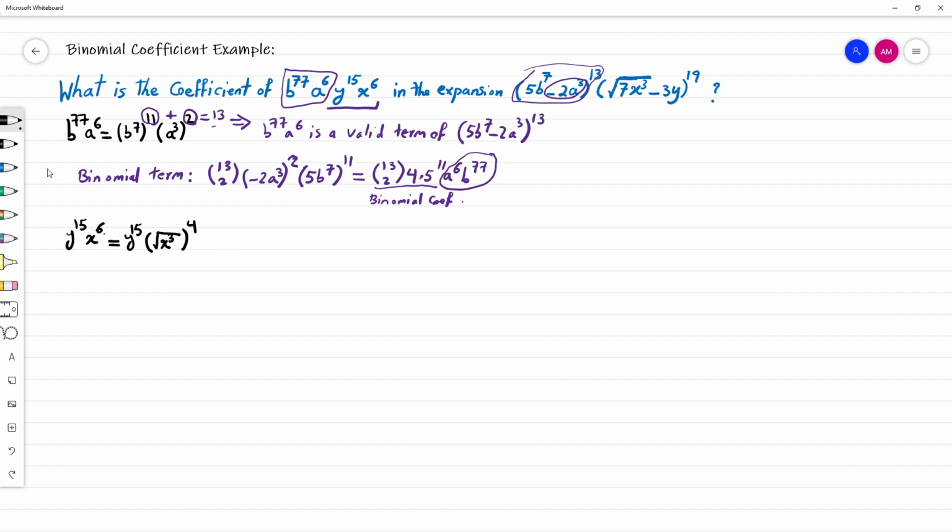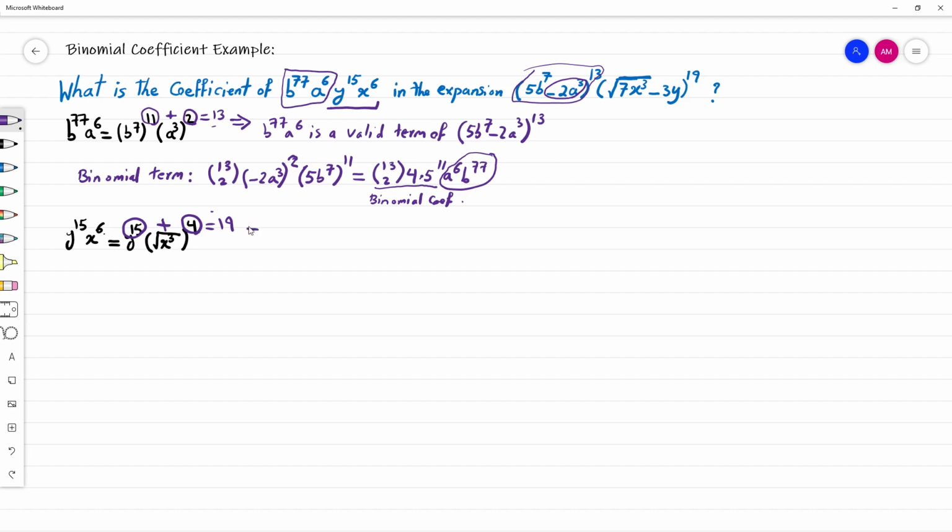And now what we can see is this: 15 plus 4 is equal to 19, which is exactly in line with the power of the second binomial expansion even here.